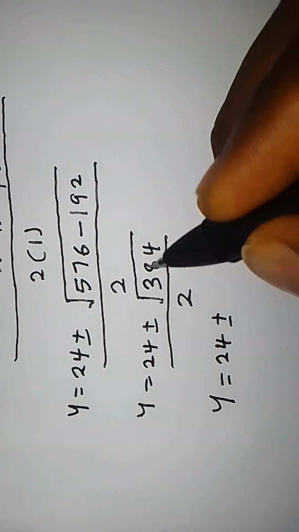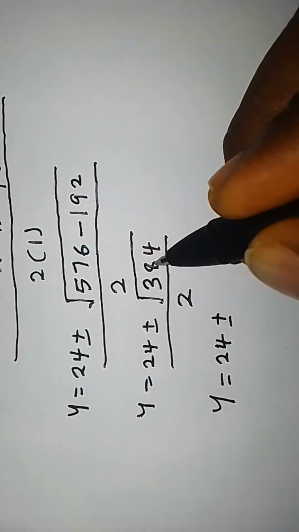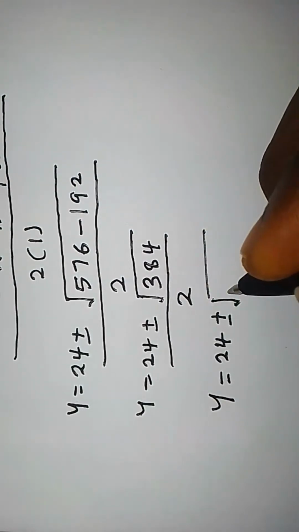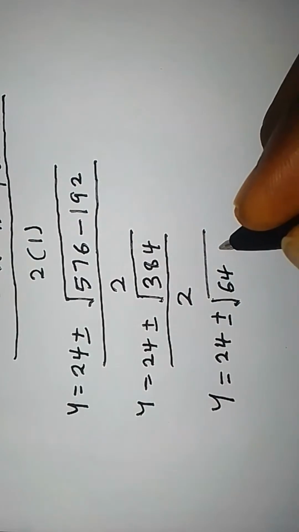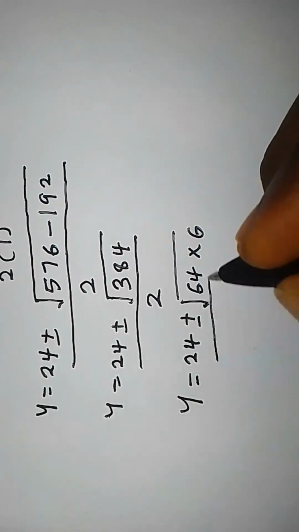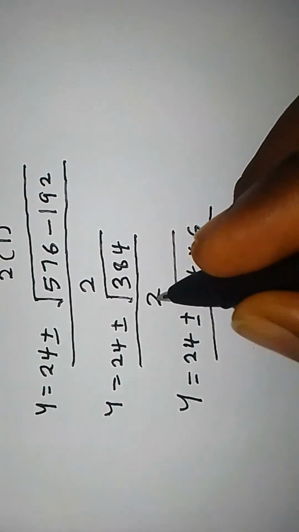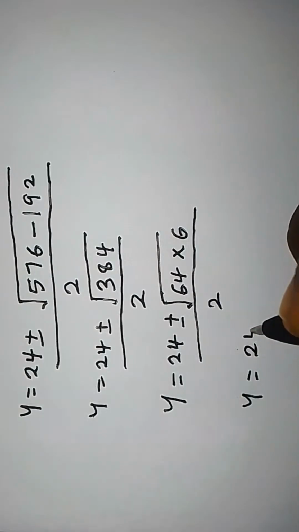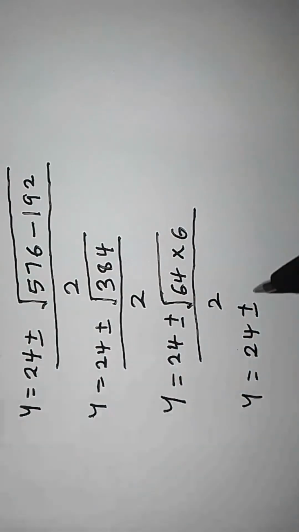y is equal to 24 plus or minus. Let's consider this entity. 384 could be written as 64 times 6, this is square root, divided by 2. We have y equal to 24 plus or minus.